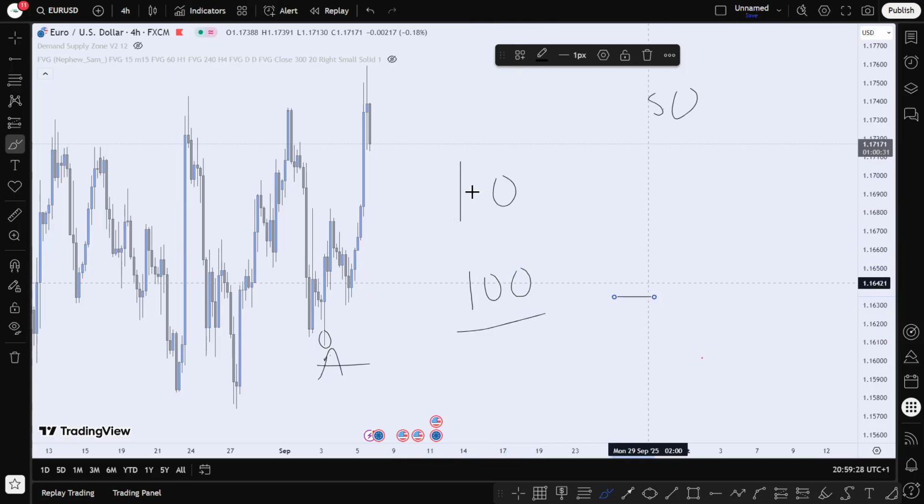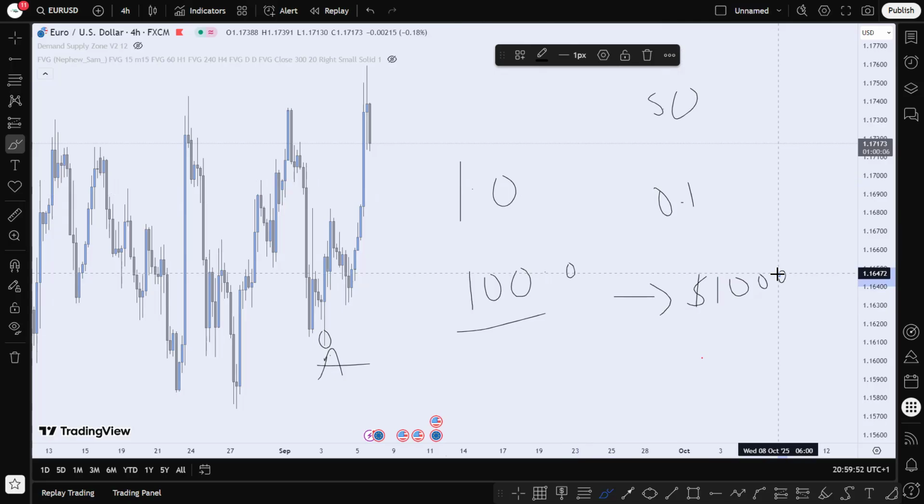If 0.1 is one pip $1, 1.0 is one pip $10, 10.0 will be one pip $100. Then 100.0 would be $1,000. So people are using 100 lots where one pip is $1,000.